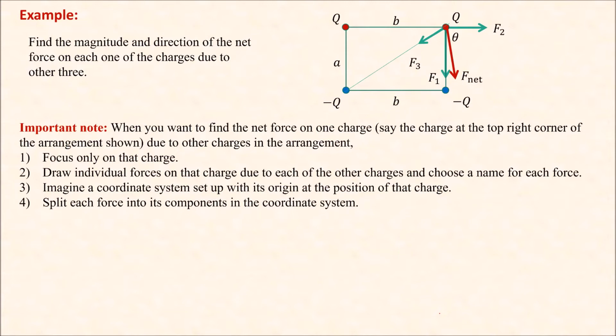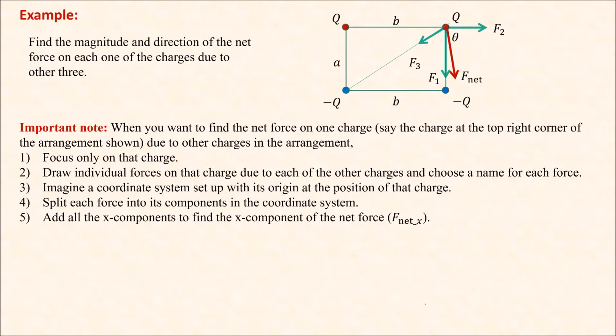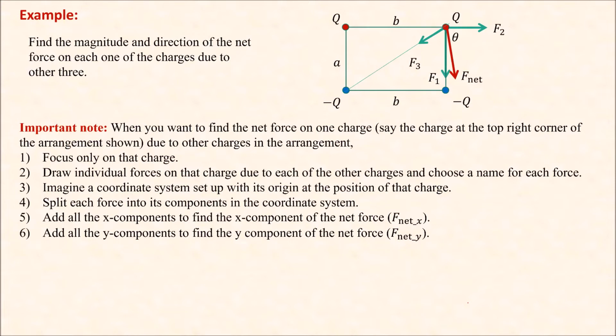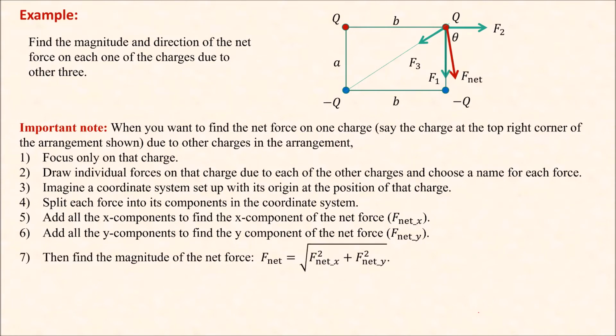Each of these forces has two components. You add all the X components to find the X component of the net force, which we call F net X, and add all the Y components to find the Y component of the net force, which we call F net Y.